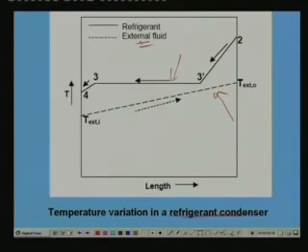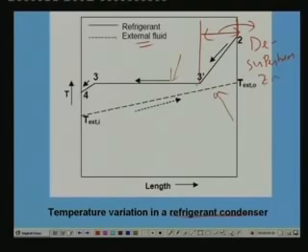You can see here that the refrigerant temperature varies initially. This, as you know, is nothing but your desuperheating zone. During this zone, the pressure remains constant but the temperature varies. Then you have the second zone, the condensing zone.